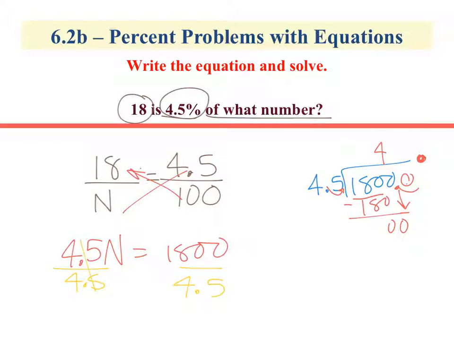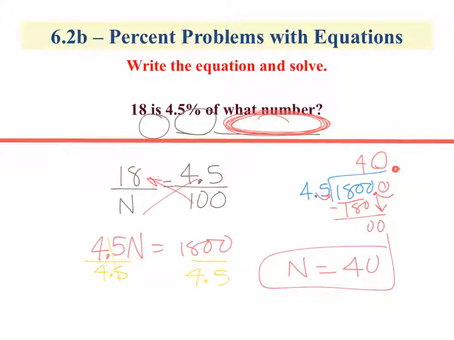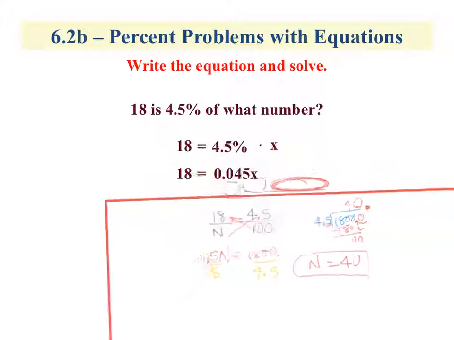Bring down the 0. 45 goes into 0 0 times, and that is your answer. Now, in this case, your n is equal to 400, and notice that they didn't say what percent, they say what number. That means they're not asking what percent. That means your answer is already the number. Only if they say what percent do you have to remember to either move the decimal, if you wrote the equation, or put it over 100.